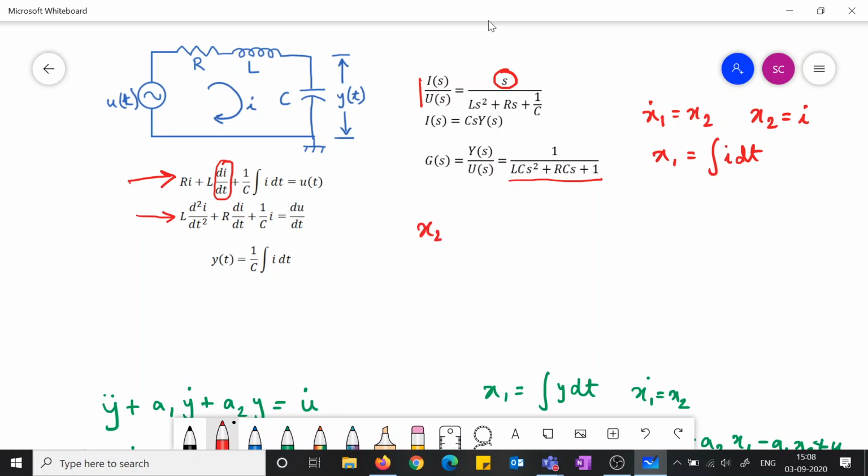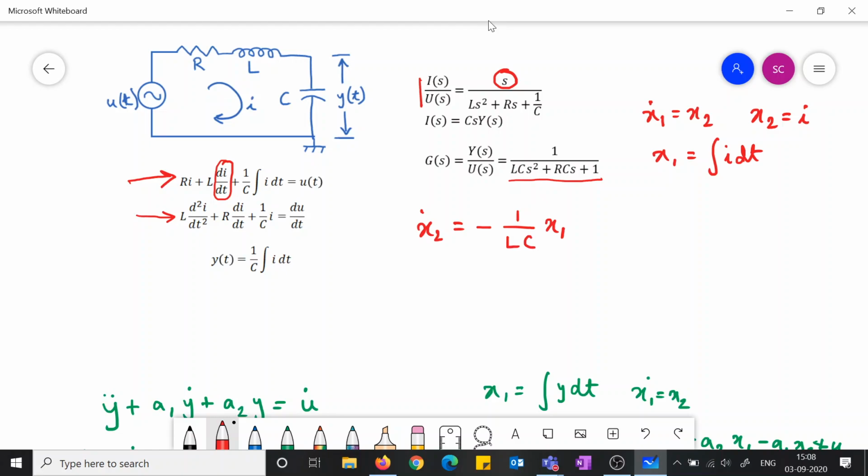So if you write x2 dot, then all the terms will come on the right hand side. So you will get minus 1 by LC times x1.